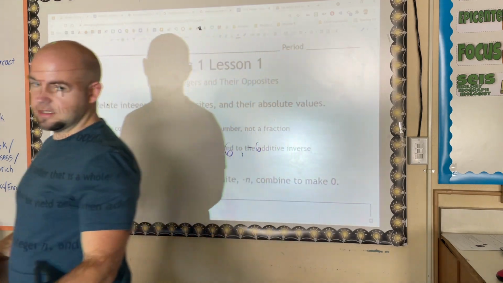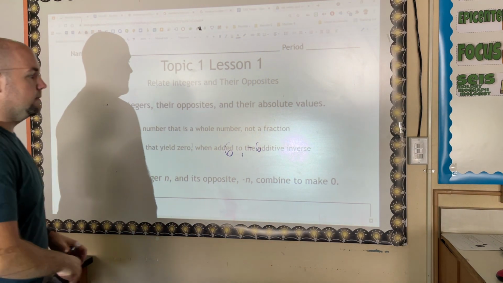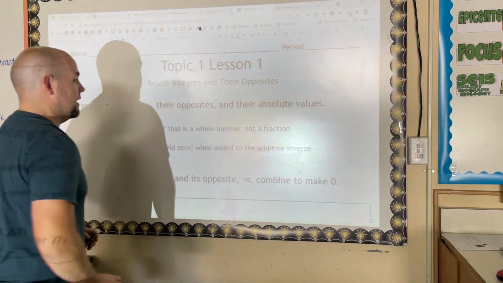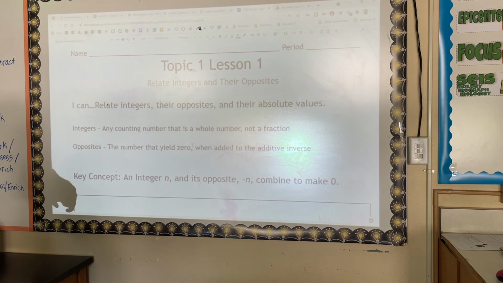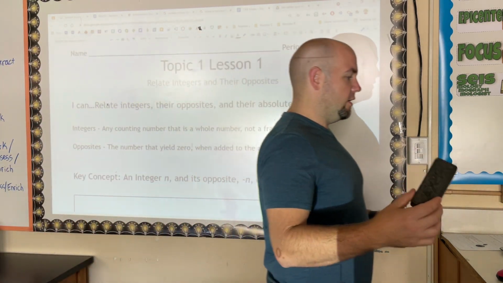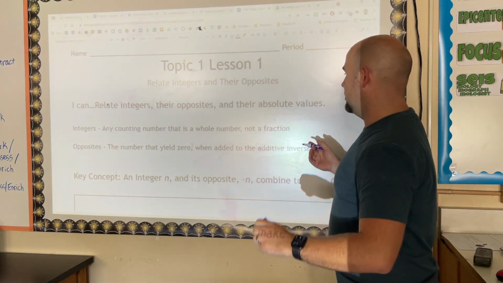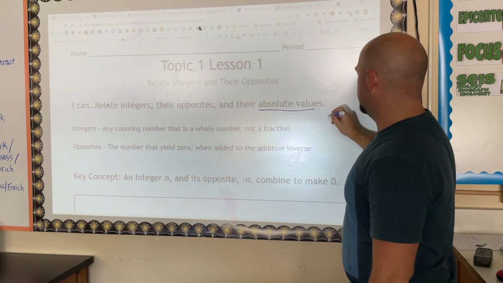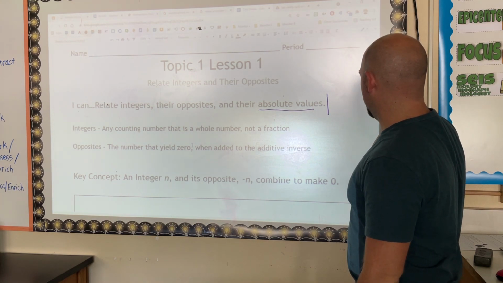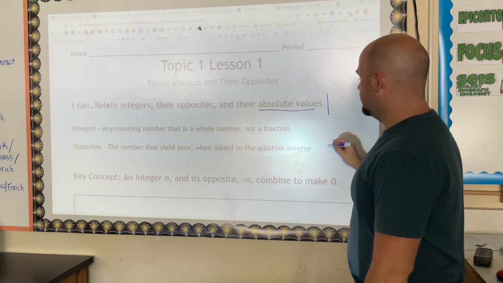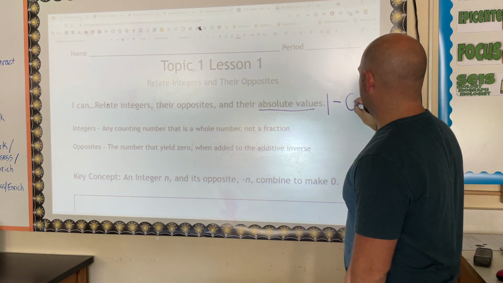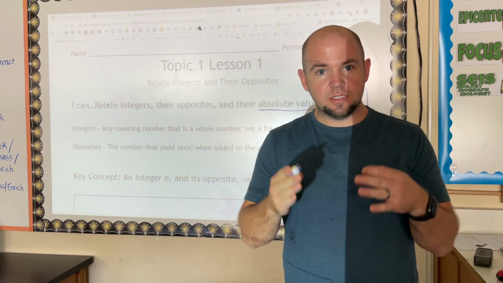I gotta erase as I move along. If only I had a smartboard, it would be nice. And then the last one, it's not on there, but the absolute value, that's the distance to 0. We denote that by putting straight brackets around something. So the absolute value of any number is the distance to 0.